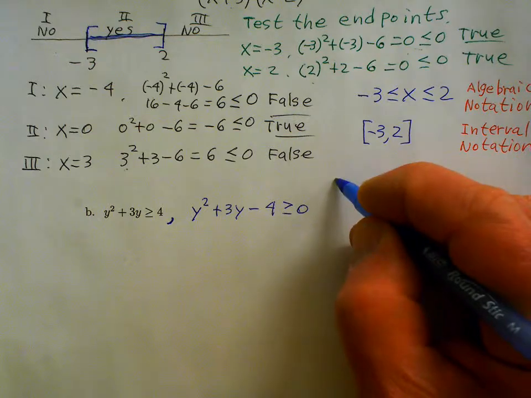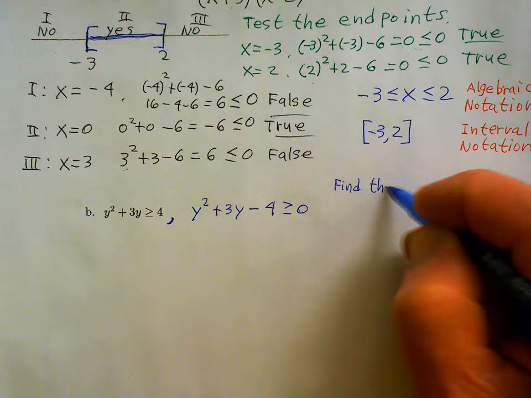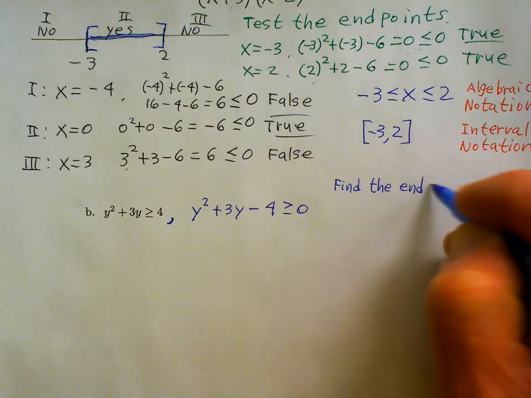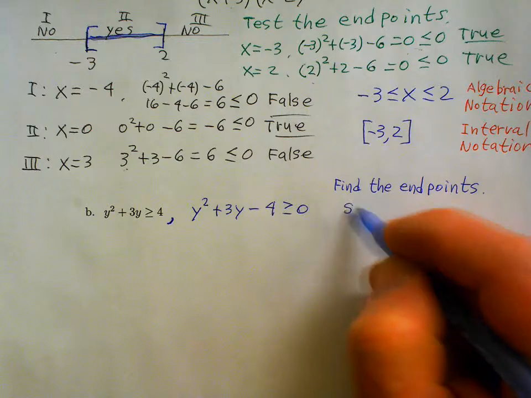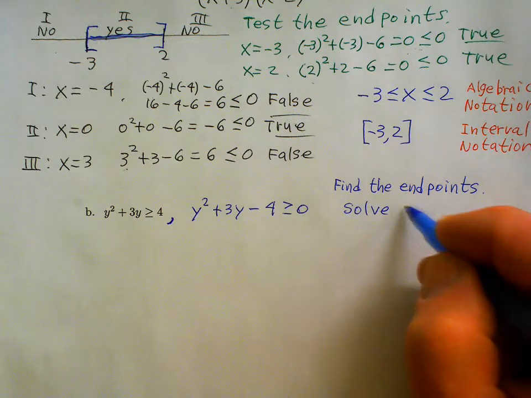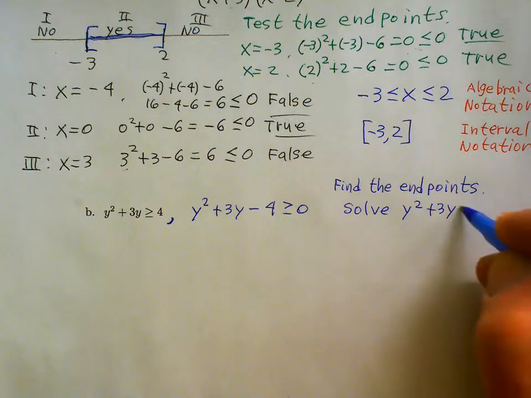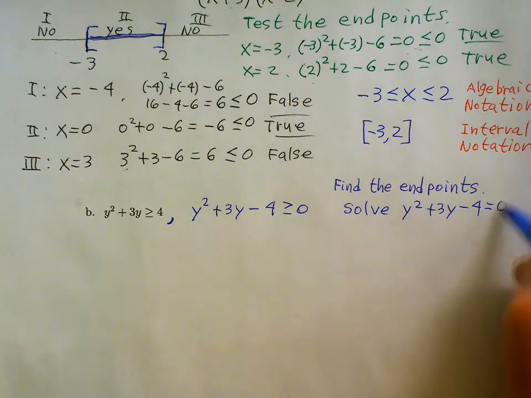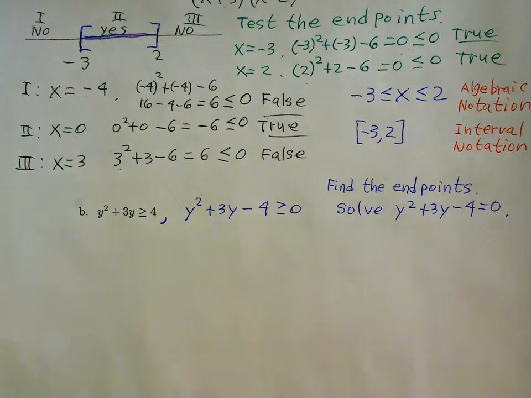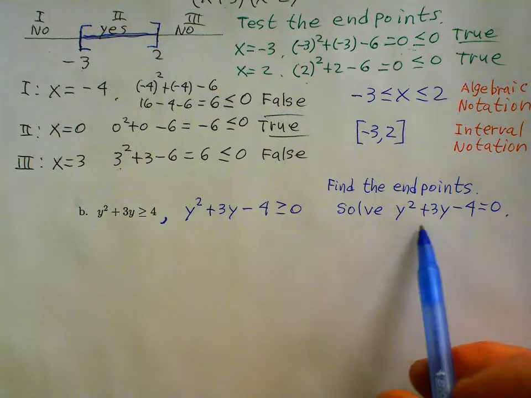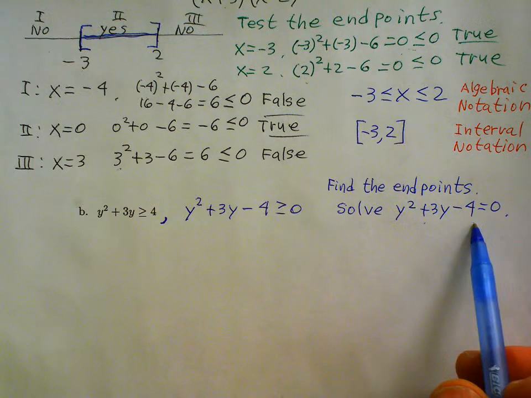Okay, so to find the endpoints, we solve the equation y squared plus 3y minus 4 equals 0. Well, this one can easily be solved by factoring.